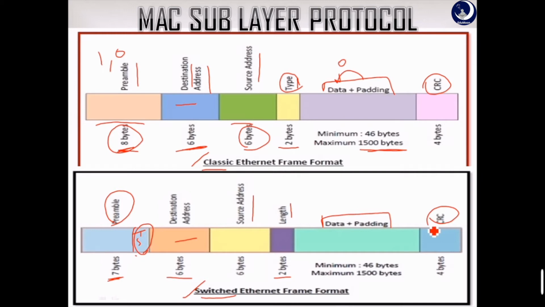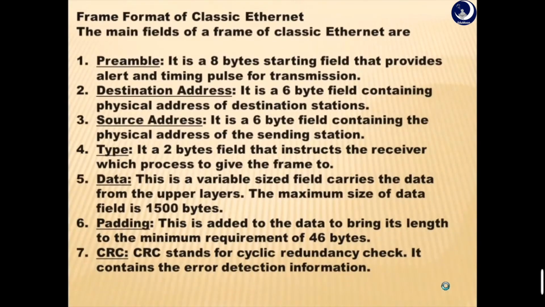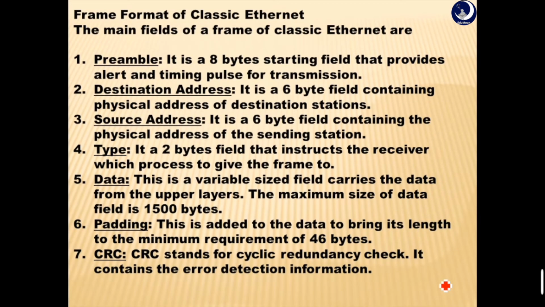It helps us to check whether the data which is sent is equal to the data received at the destination, which means it ensures that there is no loss in the data and makes sure that the frame is not corrupted. This checking is done by the CRC, which is of 4 bytes. This is the short and detailed information about the frame.